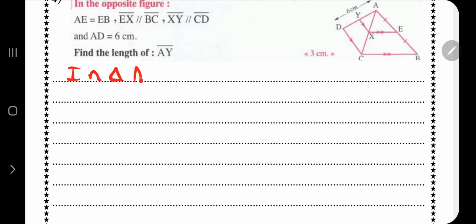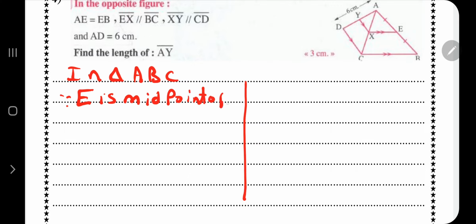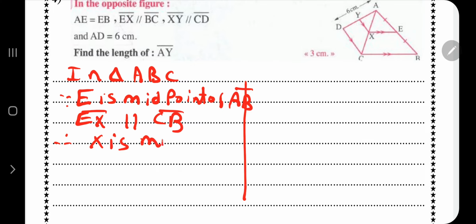In triangle ABC, since E is the midpoint of AB and EX is parallel to CB, that means X is the midpoint of AC.